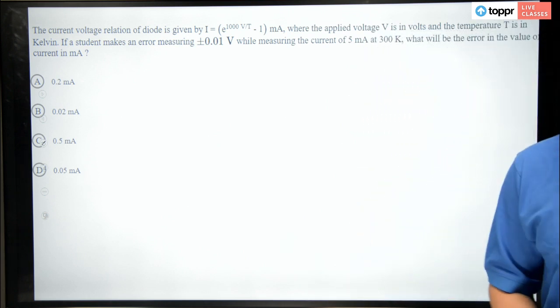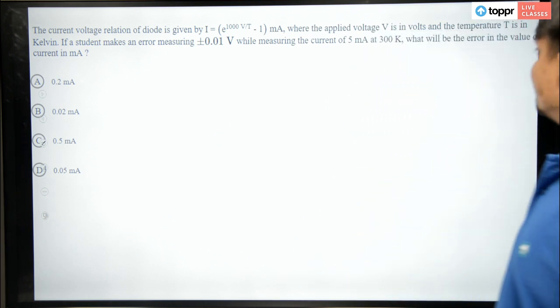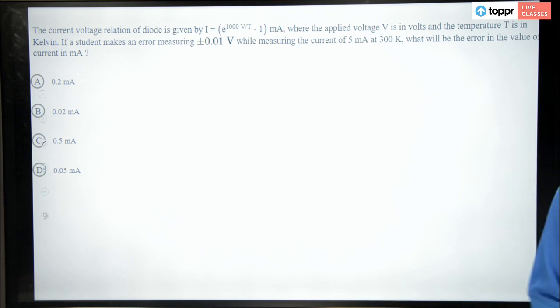Okay, here is the question. I see that the font is small, so I'll be reading this question. Try to listen to me. The current voltage relation of a diode is given by I, being the current, is equal to e to the power 1000 times V by T minus 1 milliampere, where the applied voltage V is in volts and the temperature T is in Kelvin.